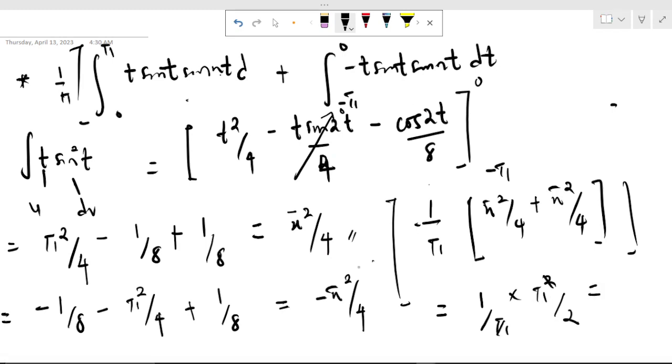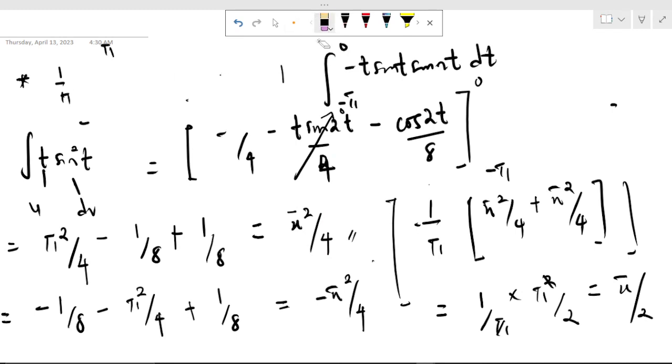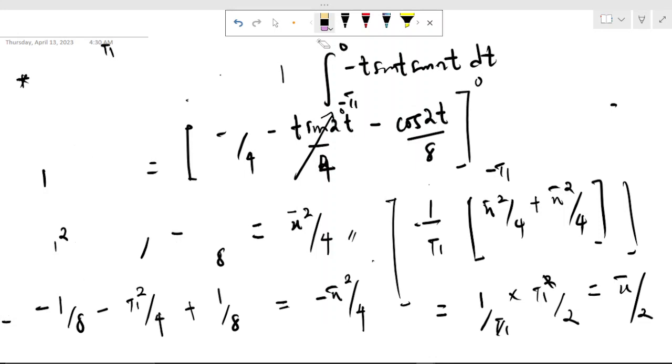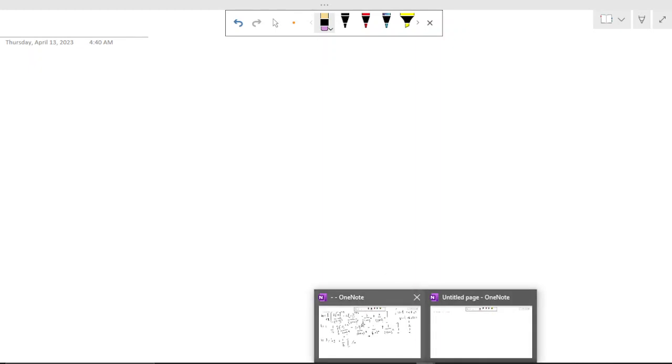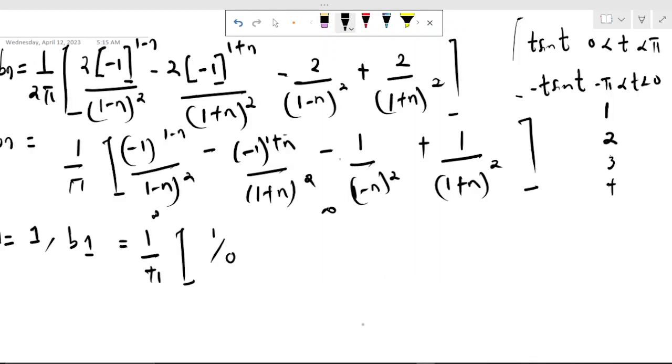So our B1 finally is equal to pi over 2. So B1, after a long solving, we get pi over 2. So how about B2?